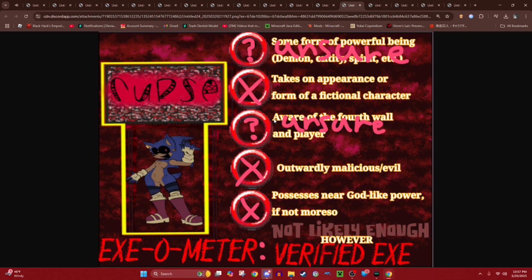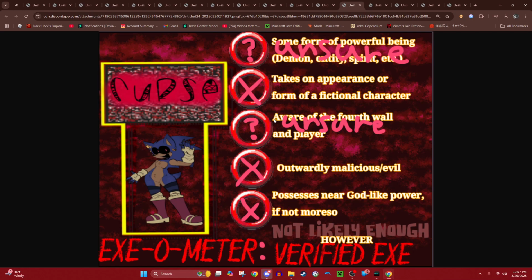Fifth ring. Do they possess near godlike power, if not more so? Despite the fact that his story is currently being handled right now, I'm pretty sure that what we currently have is at least sufficient enough evidence to put together the answer of no. I don't believe he is near godlike in strength.